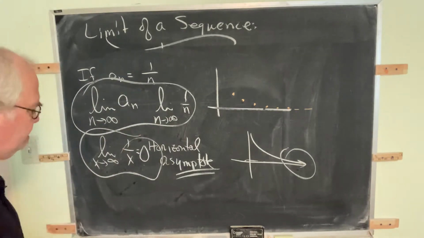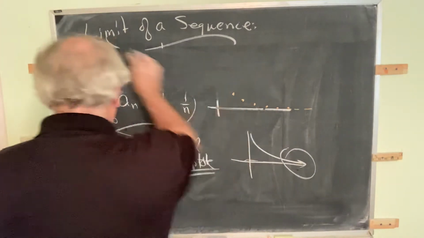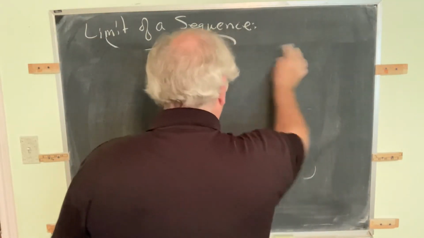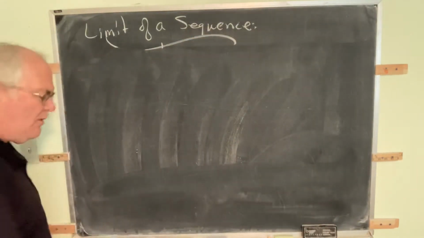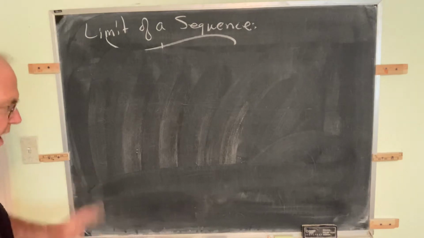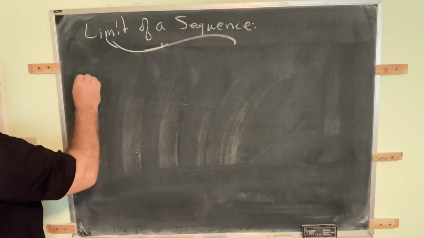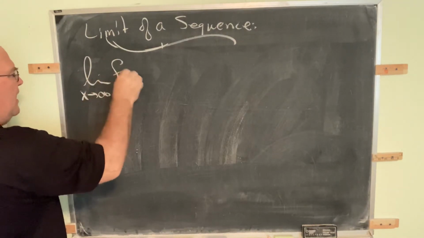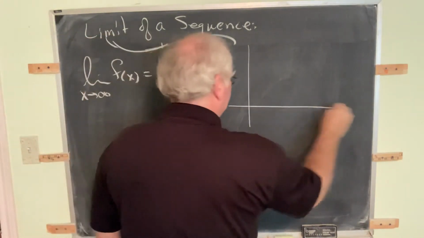All right? Now, for some more specific details, now, I'm not going to be asking you to develop this. This is not what you're going to need to be able to generate. But for the record, just so you see the official version, when we write the limit as x approaches infinity of f of x is equal to L, here's what that means in terms of the picture.